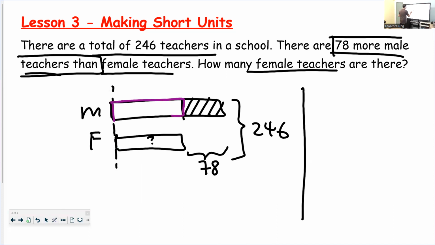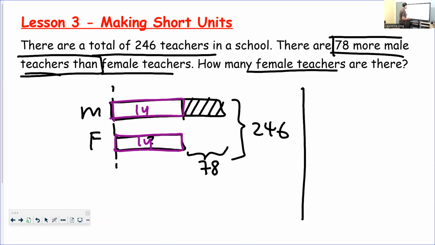So this rectangle here and this rectangle here will be equal. When you cut away the longer part of the male rectangle, you have two rectangles of equal length, and that's how you make short units. Why do I call it short units? Because you cut the rectangle and you have a shorter rectangle now.